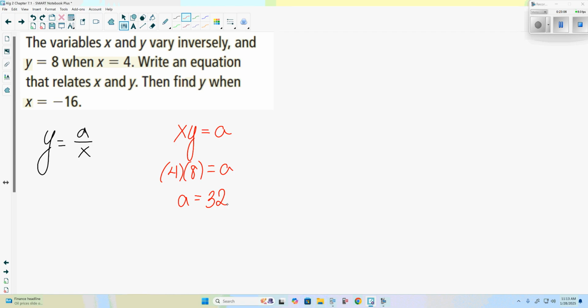Because the other way we would have done this is what? y is equal to a over x. So 8 is equal to a over 4. What would we do? We would multiply both sides by 4. Those would cancel, giving us a by itself, yes?